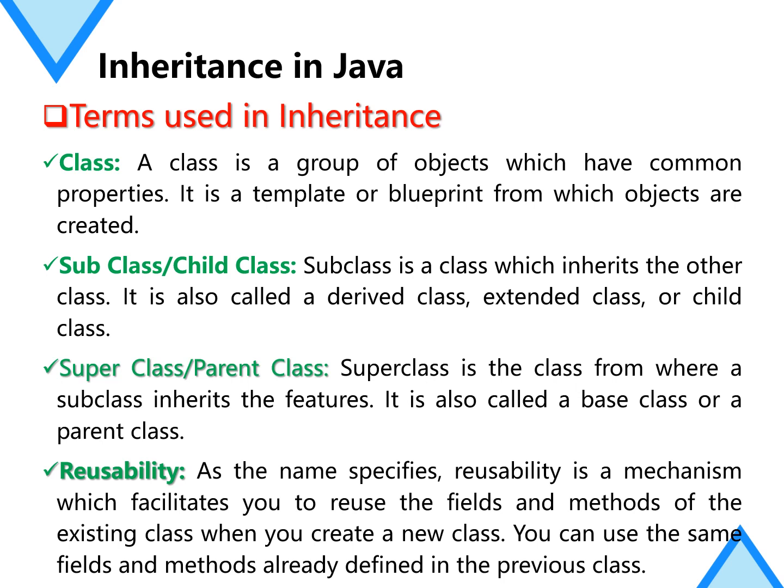Reusability. As the name specifies, reusability is a mechanism which facilitates you to reuse the fields and methods of the existing class when you create a new class. You can use the same fields and methods already defined in the previous class. Here fields means variables, data members.